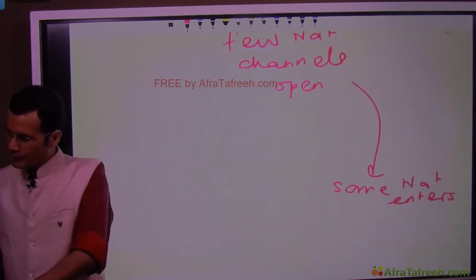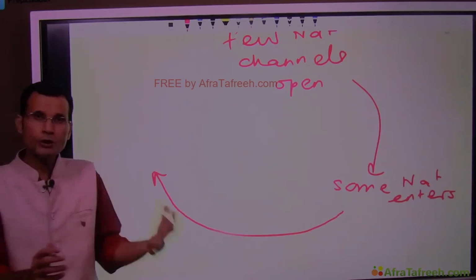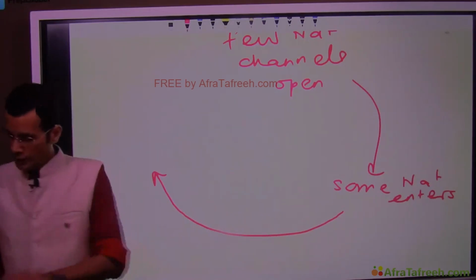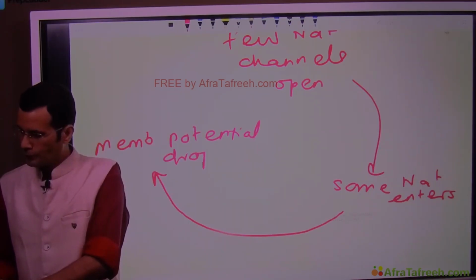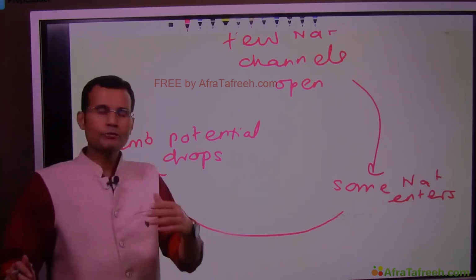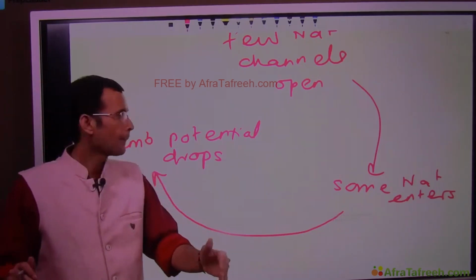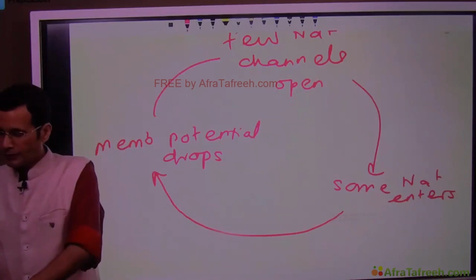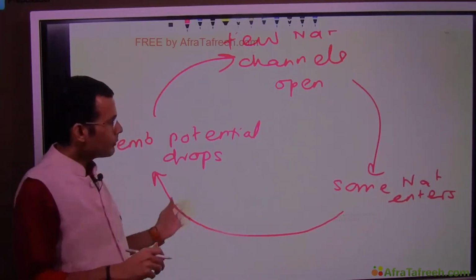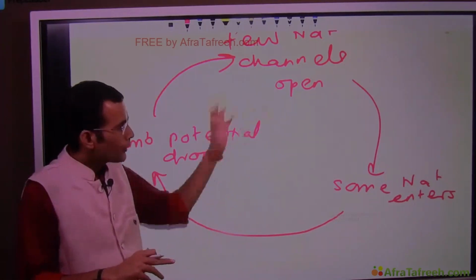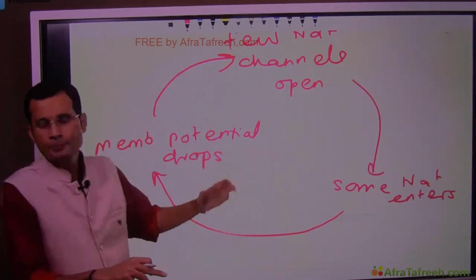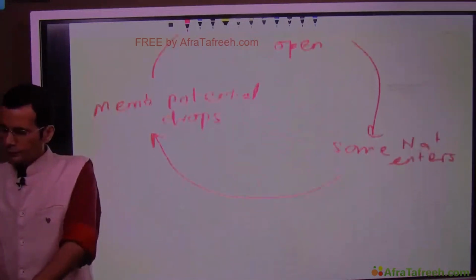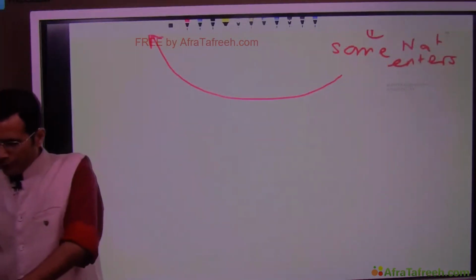Some sodium enters means some positive charges enter, and because of that the membrane potential drops. Membrane potential drops to a less negative value, like from -70 to -68, and that itself opens some more sodium channels. So some more sodium will come in, membrane potential will further drop, and this will go on happening. So it will reach the threshold. That's the positive feedback.